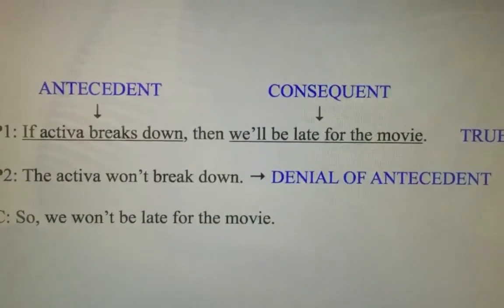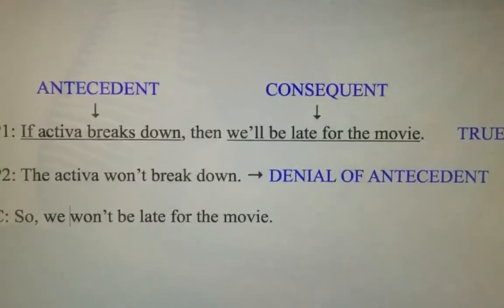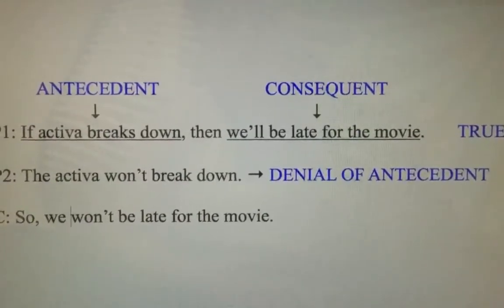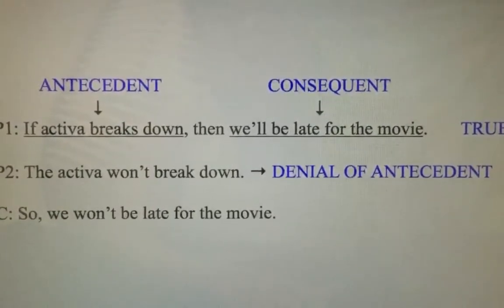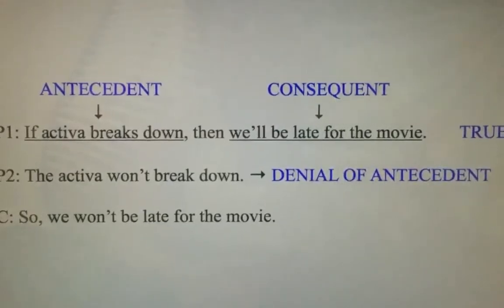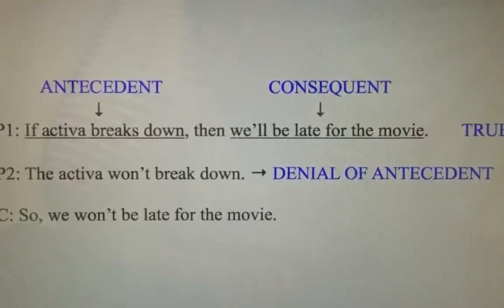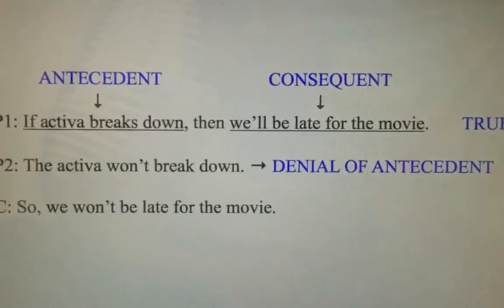It represents not P because it is exactly the opposite of the antecedent, which is the denial or negation of the antecedent. Conclusion: So we won't be late for the movie. It represents not Q, exactly the opposite of the consequent, or the negation of the consequent.